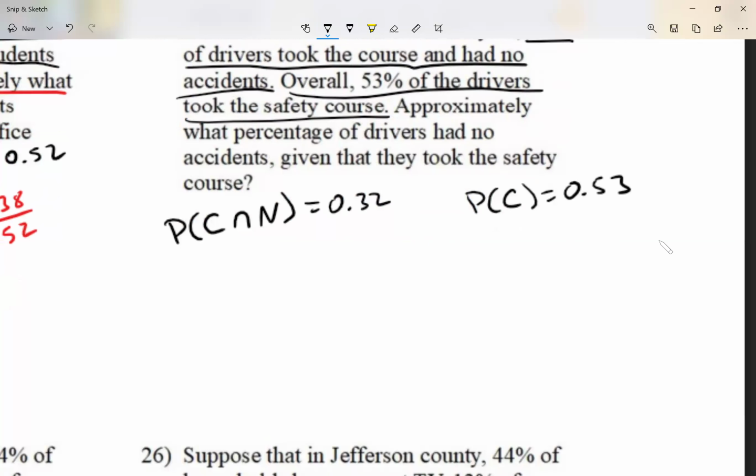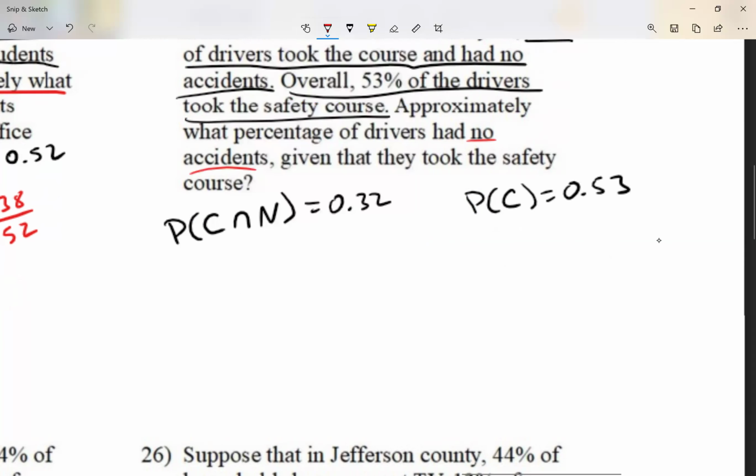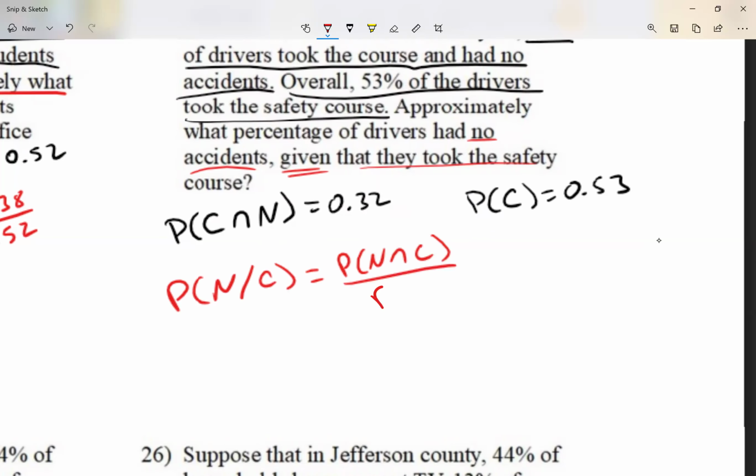Approximately what percentage of the drivers had no accidents given that they took the safety course? So basically, I'm asking the probability of no accidents given that they took the course. I know I have to go probability of no accidents and course divided by the probability of the course. So I have to go 0.32 divided by 0.53.